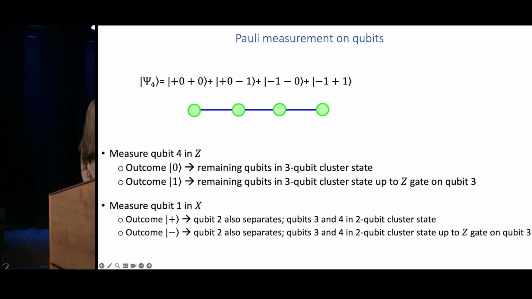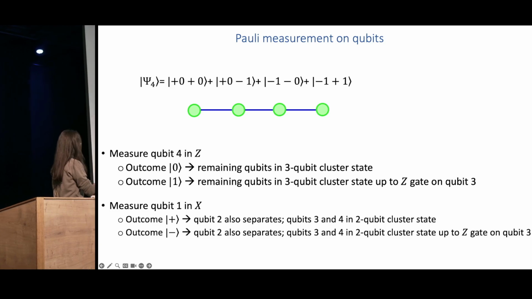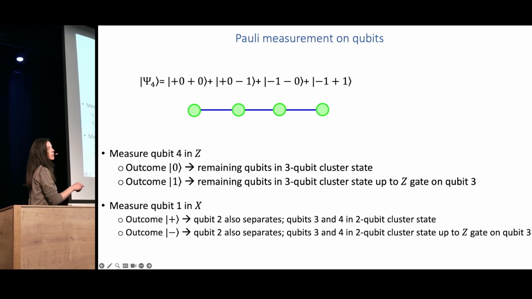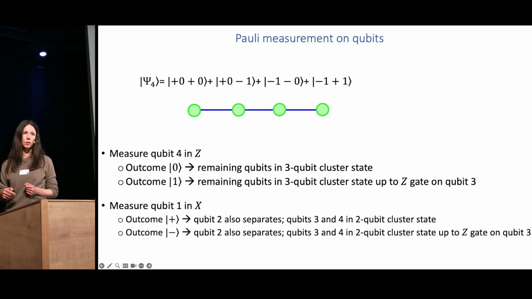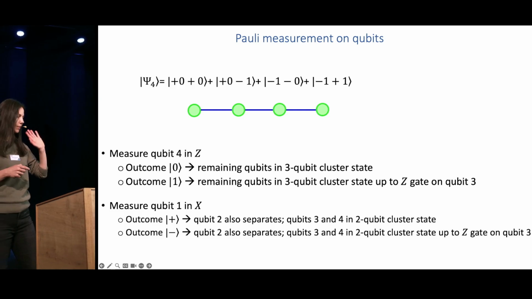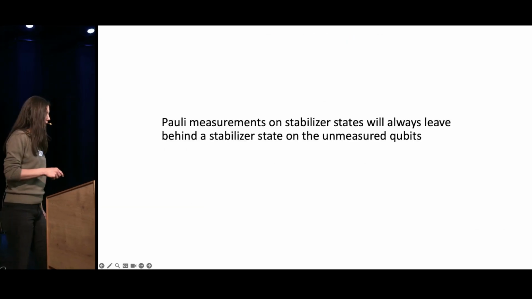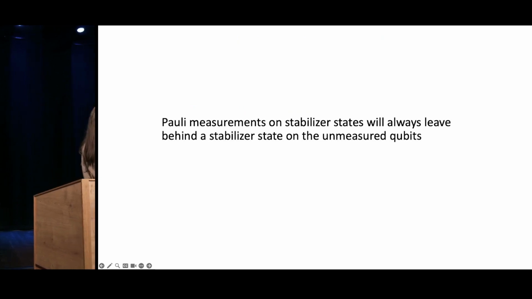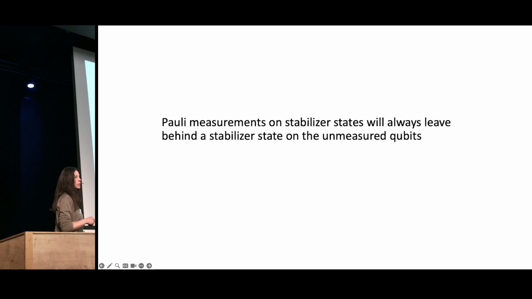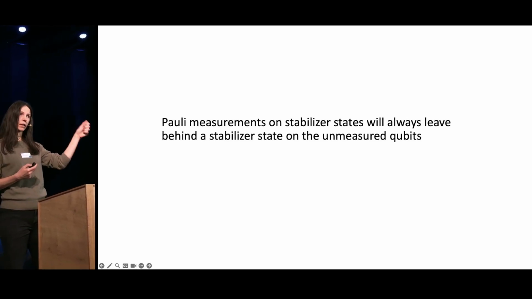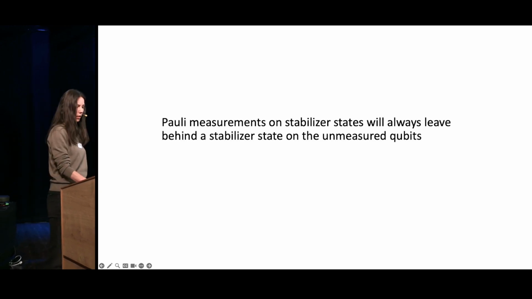So this measurement decouples these 2 qubits, but doesn't touch the entanglement in those. And in general, Pauli measurements on stabilizer states will always leave behind a stabilizer state on the unmeasured qubits. And if I want specifically a graph state, I can go and do my corrections and get the graph state.